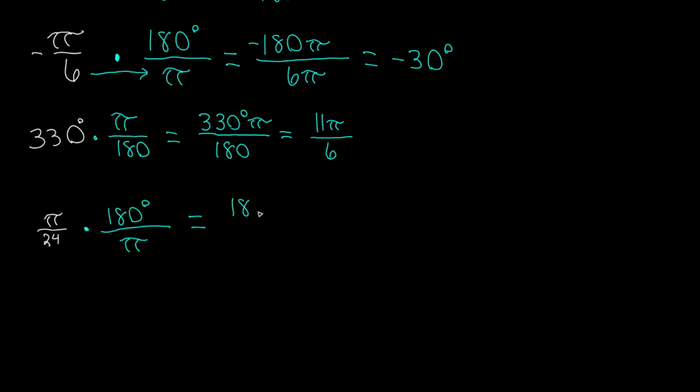We get 180 degrees pi over 24 pi. I used a calculator and found that 180 divided by 24 is 7.5. Our pi's canceled, and we were left with degrees: 7.5 degrees.